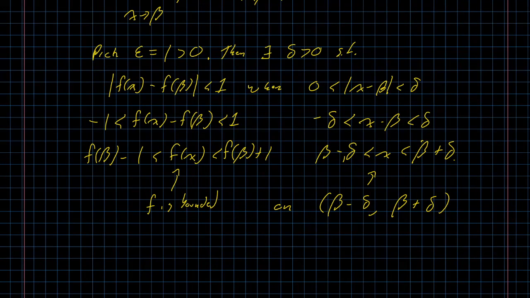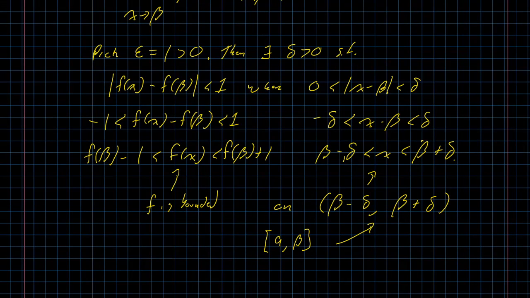But we already said that beta was the least upper bound of the set of intervals. So the interval from A to beta is the least set where f is bounded.